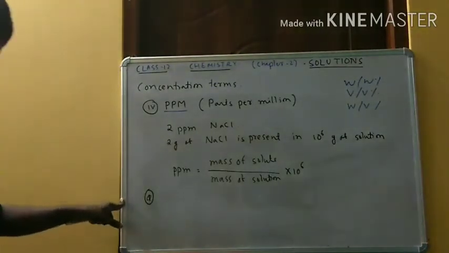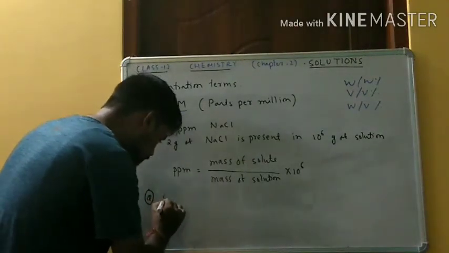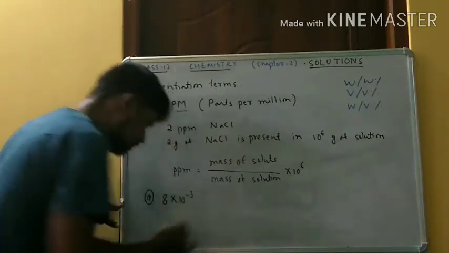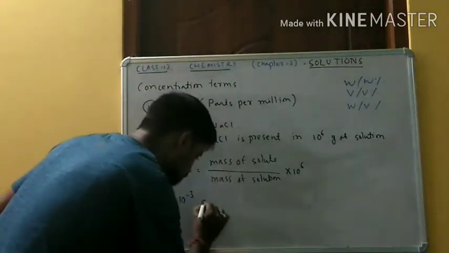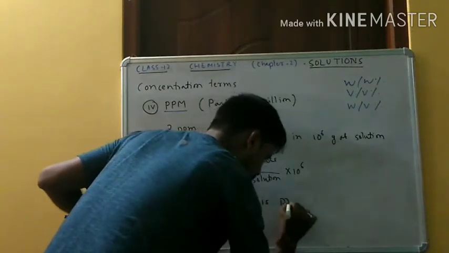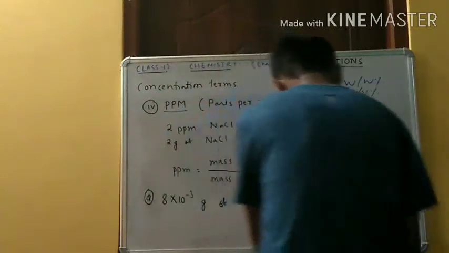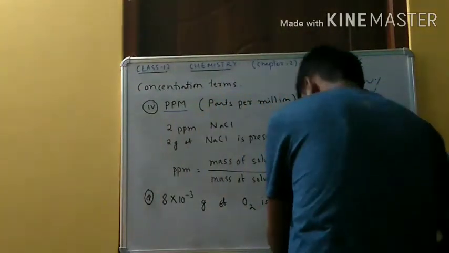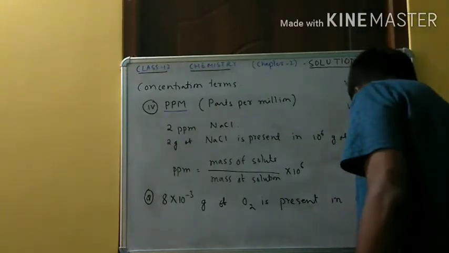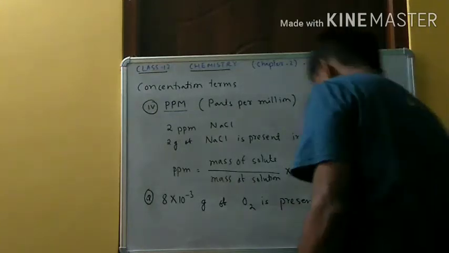Write the question: 8 into 10 to the power minus 3 gram of O2 is present in 100 gram of solution.